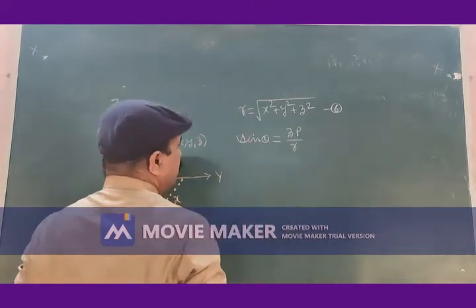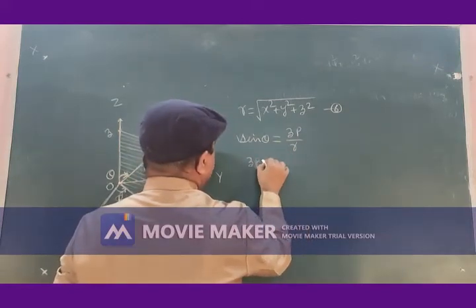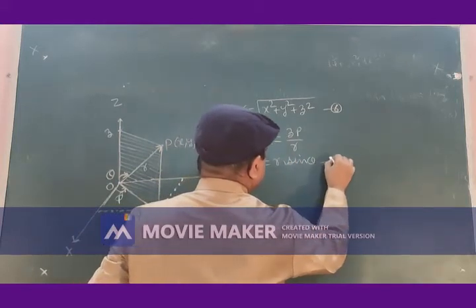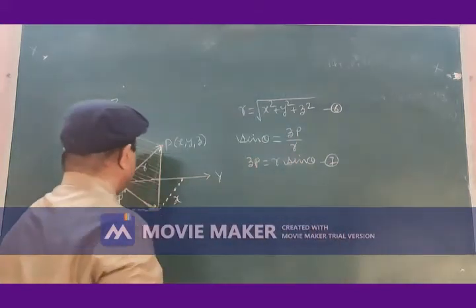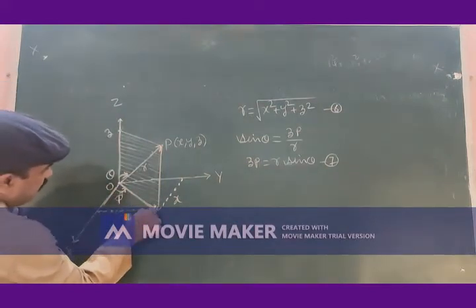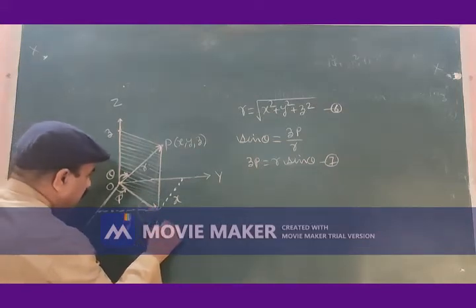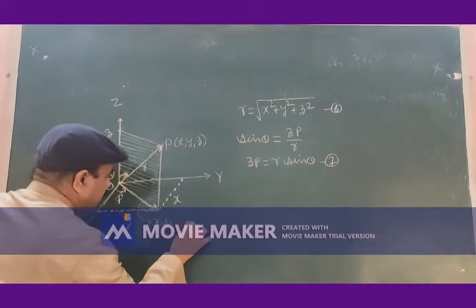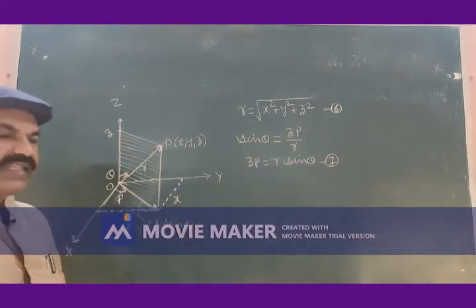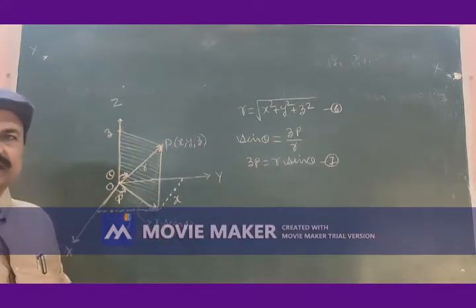Sin theta is equal to ZP by R, or ZP is equal to R sin theta, equation number 7. This ZP is R sin theta, this is the same length, and therefore this length should be R sin theta. The projection of R in the xy plane will be R sin theta.